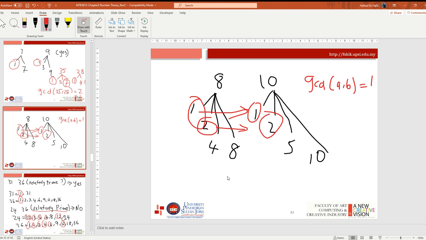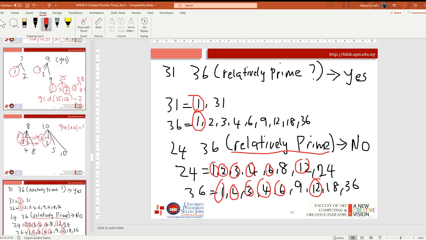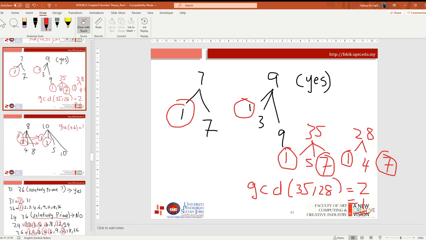Okay, 8 and 10, because we got 1, 2, 4, 8. This one 1, 2, 5, 10. Okay, 31 and 36, yes. We got 1, 2, 3, 4, 6. Oh, it must be a prime number. The earlier one is not a prime number.